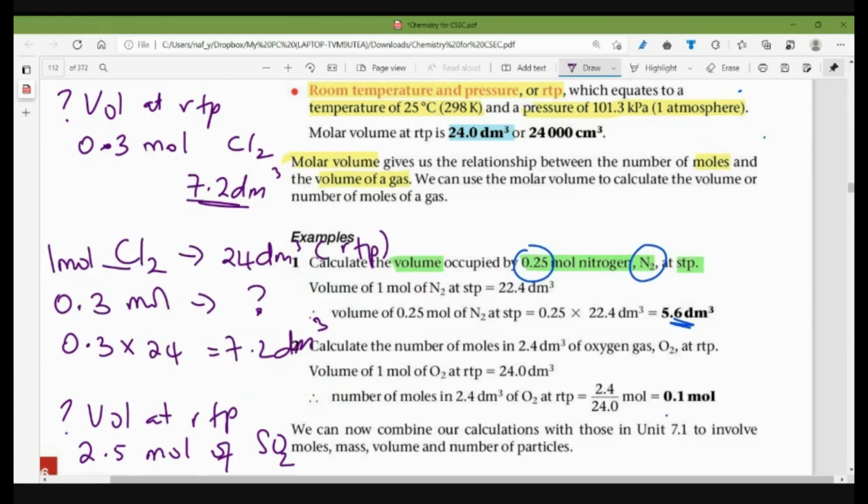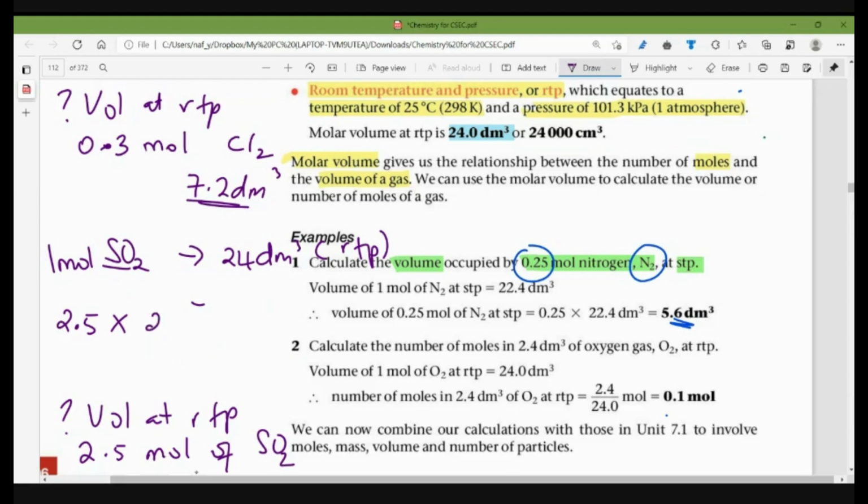Try that one. It comes down to 2.5 times 24, and what do you get as your answer?